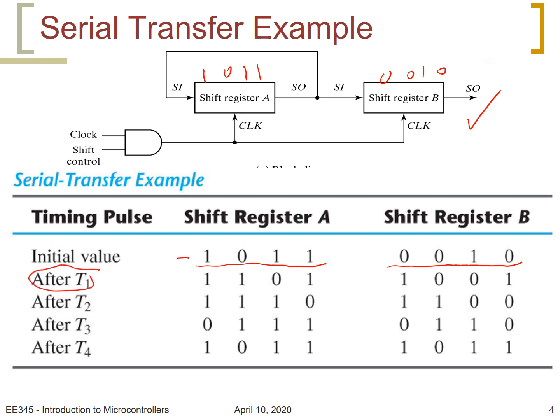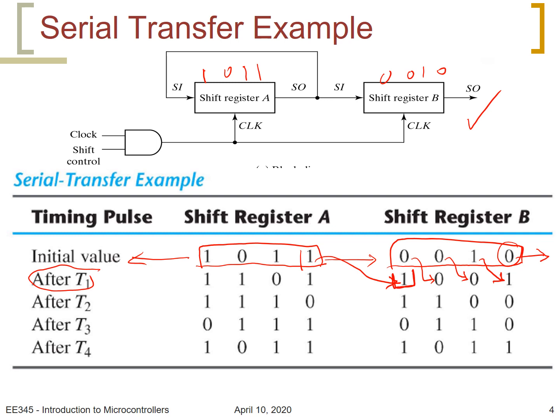Of course, these are the initial values that we have just shown here in the figure and in this table. After T1, as we have just mentioned, this bit will be transmitted, so this will disappear, will go out on the transmission line, and this is replaced by this one here, and this 0 comes here, this 0 comes here, and this 1 comes to shift register B. So this is from A to B now.